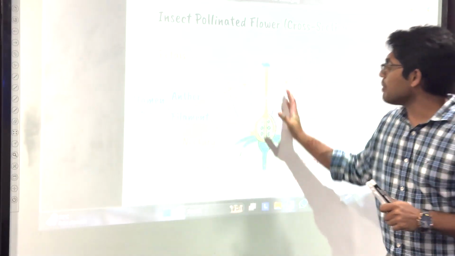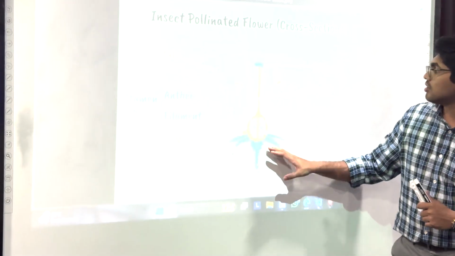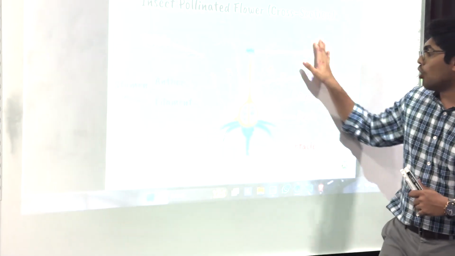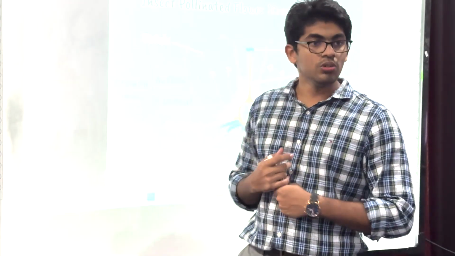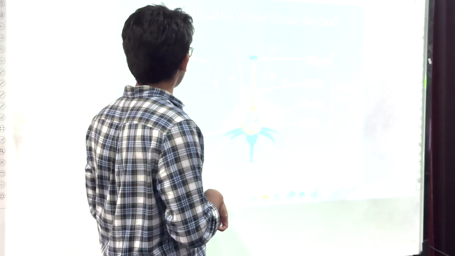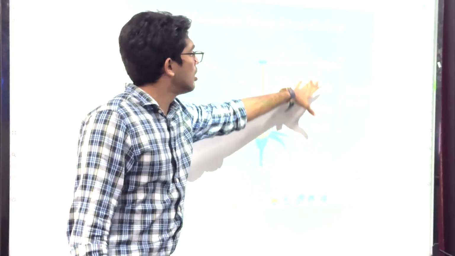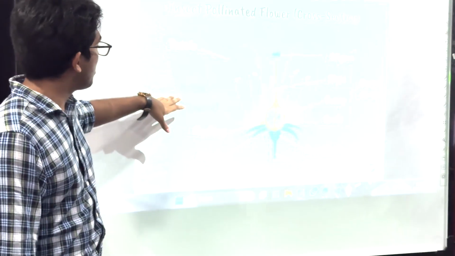So the female part of the flower is the stigma, style, and the ovary. Overall we call it the gynoecium. And we have the androecium, which is the male part of the flower. The male part consists of anther and filament.